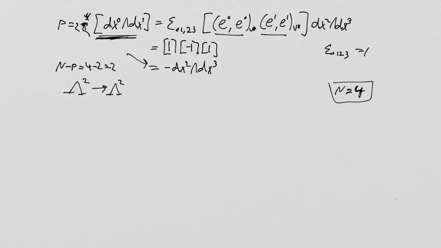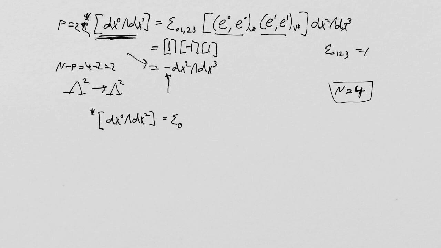Okay, and then I'll just try one to show you how the signs kind of work out. I think it should be that if I do dx0 wedge dx2, I think that should work out to have a positive sign here, where 2 negatives cancel out in a kind of interesting way.